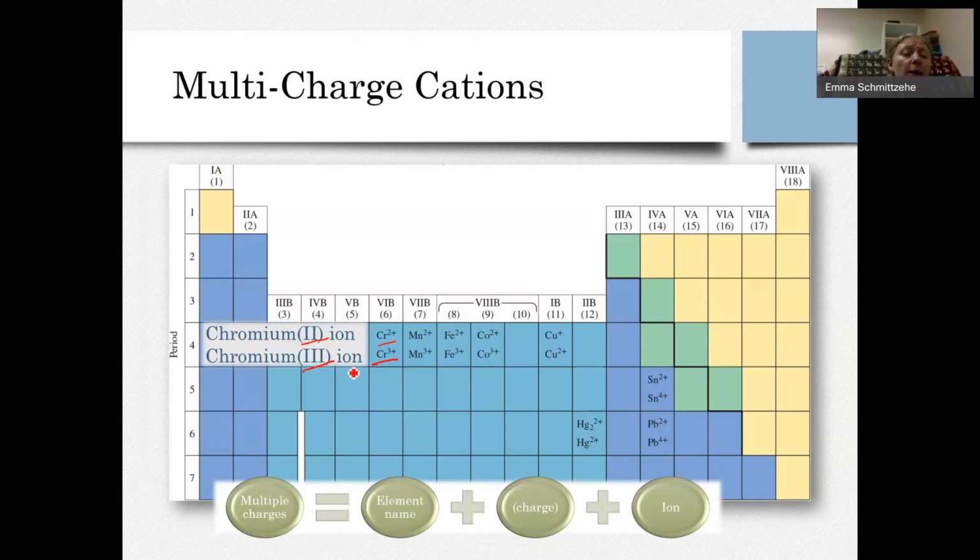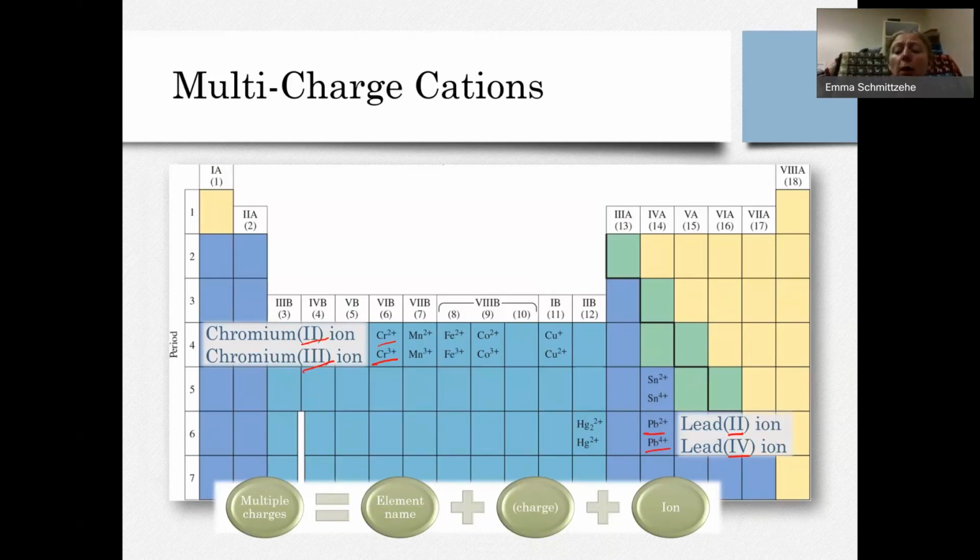And then the word ion at the end. And so you do that for all of those that have multiple charges. Another one, if we look over here at lead, we've got Pb2+ and Pb4+, so two possible charges. And so you name the element, lead, and then you say which charge. So it's either 2 or 4, and then the word ion.